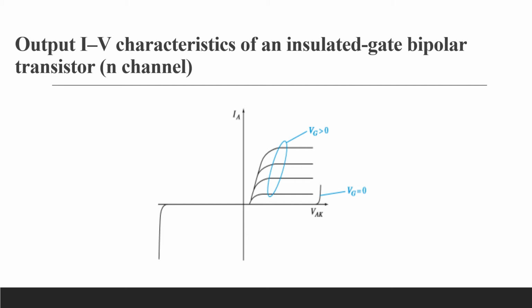And you can see here that when the gate voltage is 0, the saturation current is very low, but as we increase the gate voltage, this saturation current is also increasing.